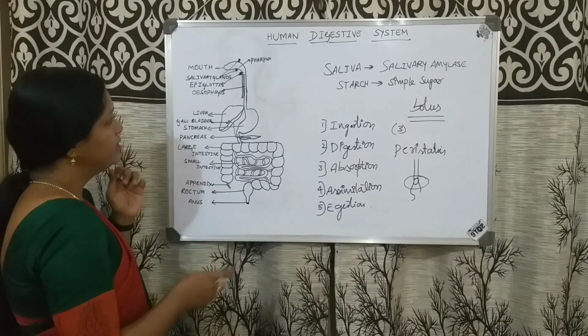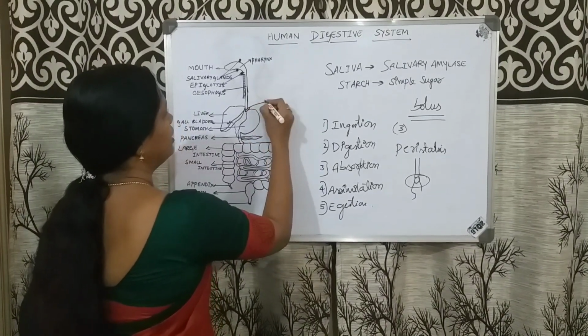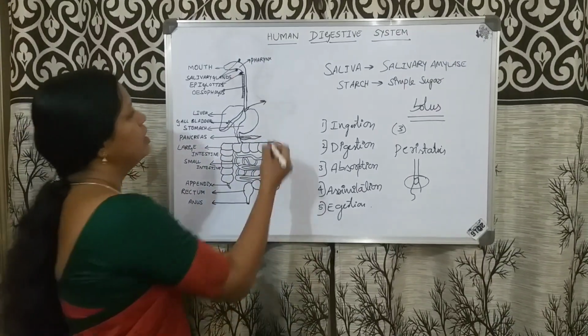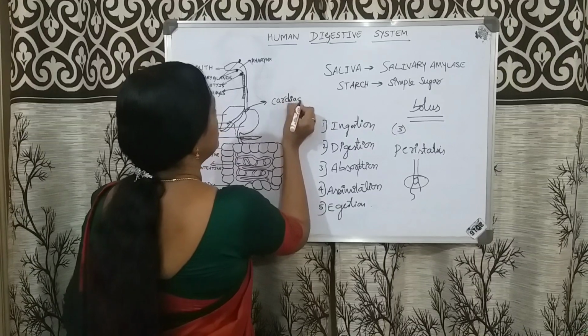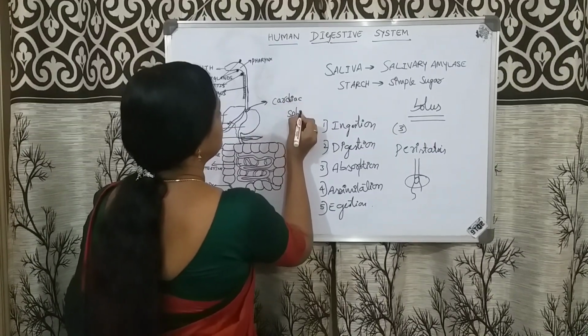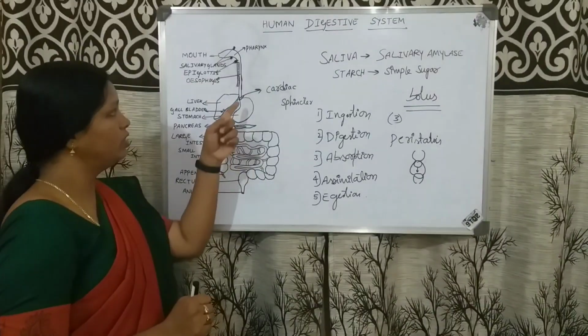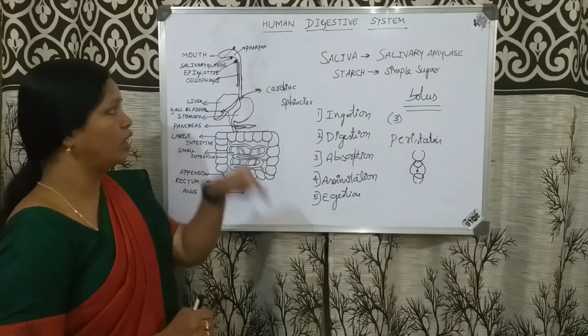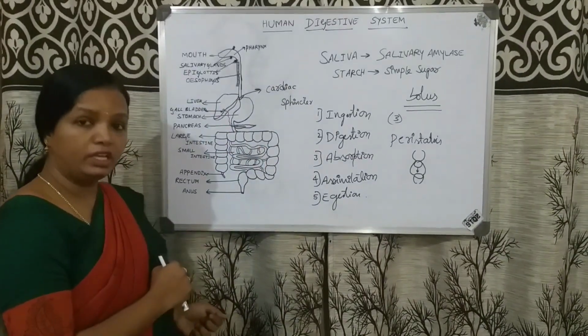In the stomach we have a ring-like muscular organ called the cardiac sphincter. Cardiac sphincters are very powerful in their function, so they do not allow the acidic food present in the stomach to enter into the esophagus.